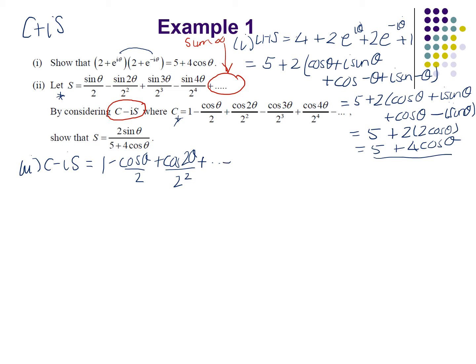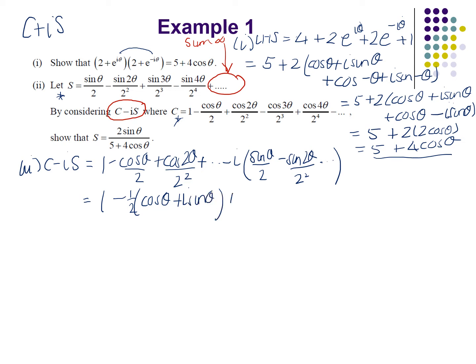Right, so C minus i times S, and S is sine theta over 2 minus sine 2 theta over 2 squared, dot, dot, dot. I'm not going to write them all out. Now, here's what we do. We group together the cos and the sine bits that have the same argument. So I've got minus a half outside, and I've got cos theta plus i sine theta, because I've taken the minus a half outside.